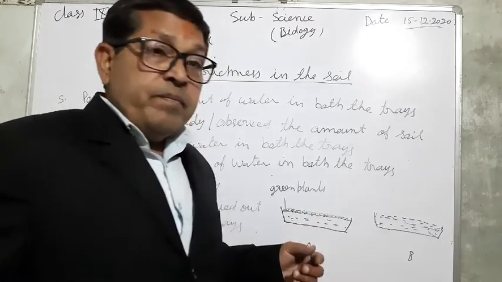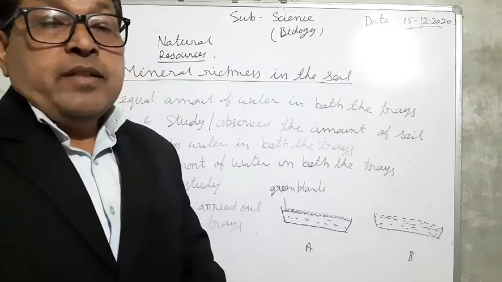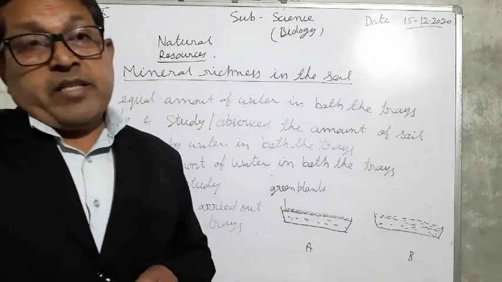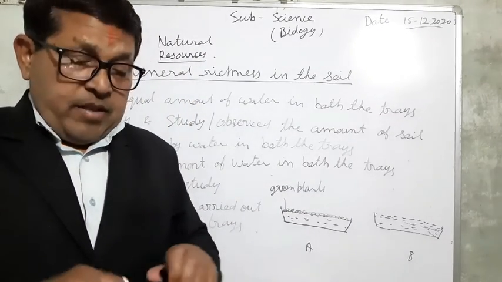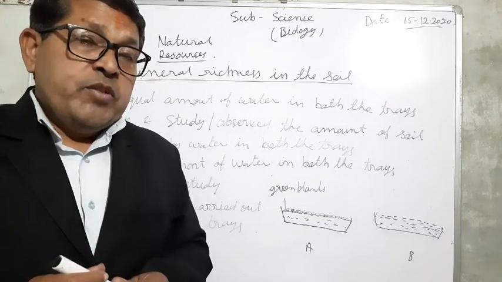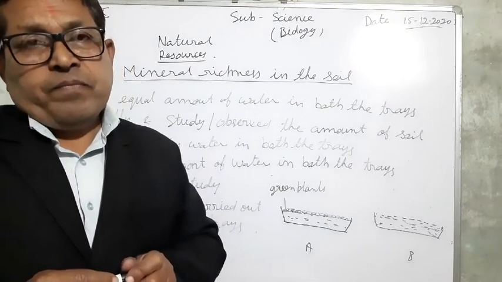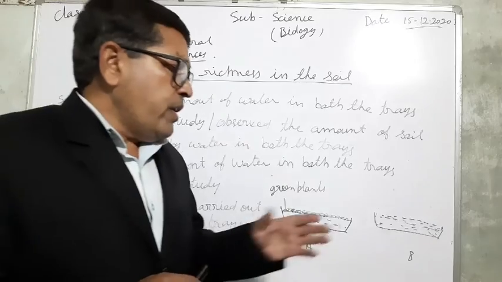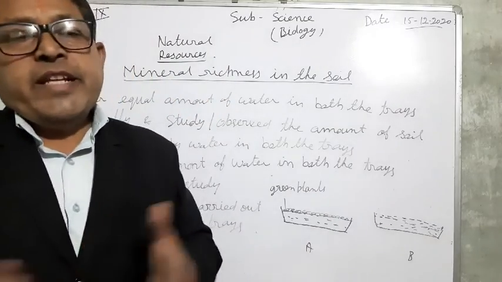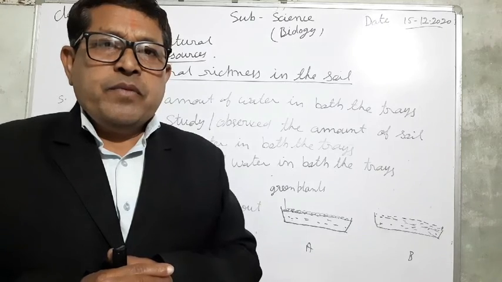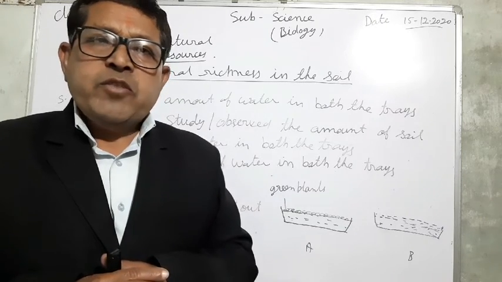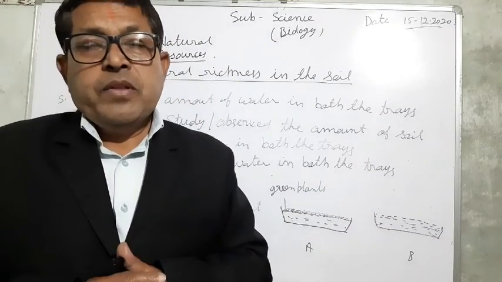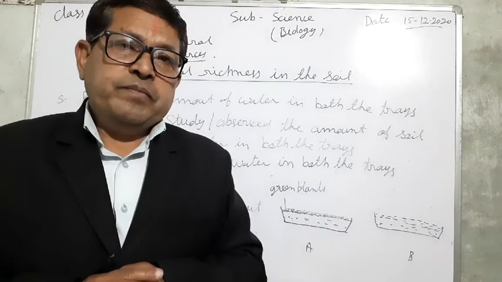Because in tray A the soil is covered by plants. Roots of the plant bind the soil, so they prevent soil erosion. While in tray B, since there is no plant, the soil is carried out by the water.